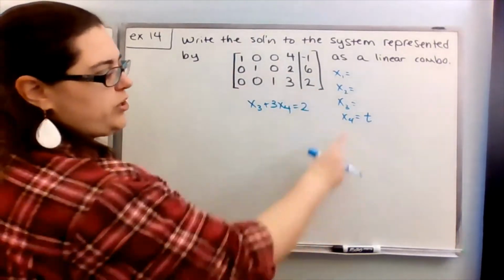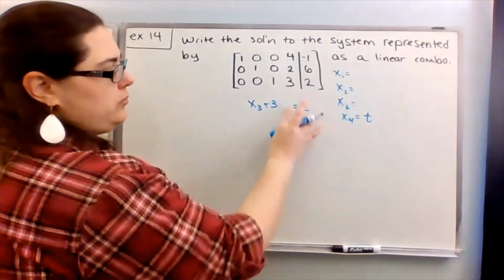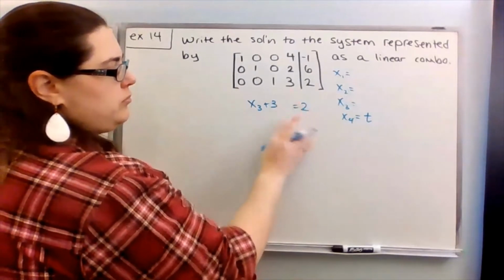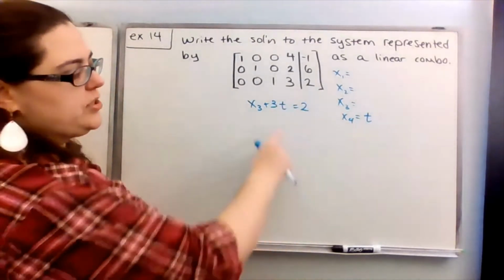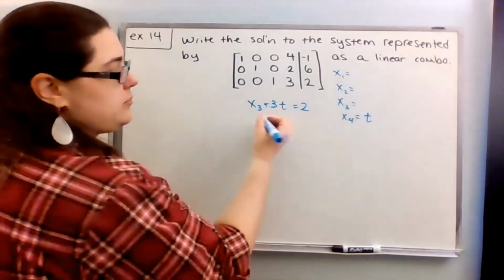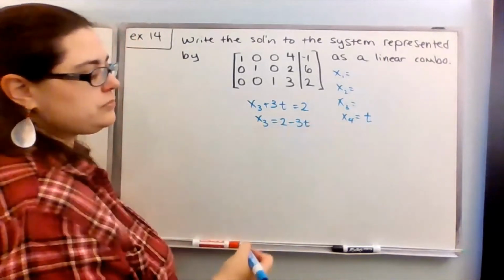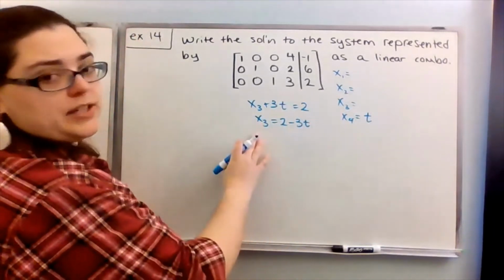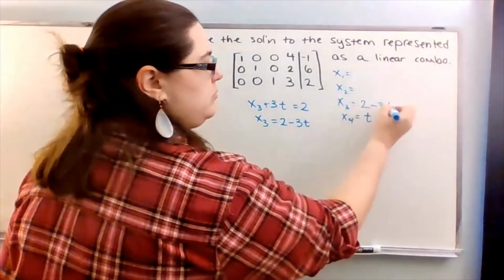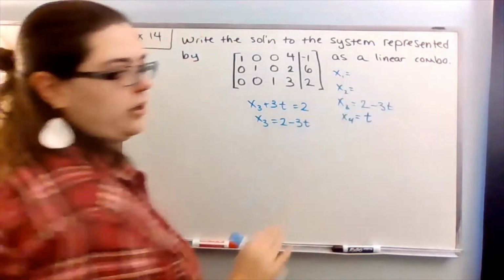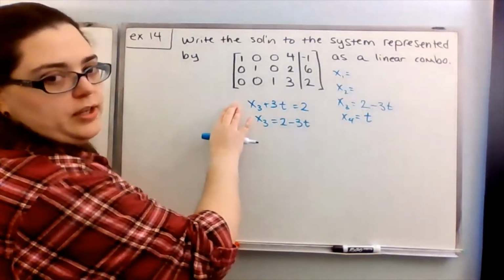But to save some time, we know that x4 is t, so I'm just going to write t there instead of x4. To get x3 by itself, I'm going to subtract 3t from both sides. So this means that x3 is 2 minus 3t.